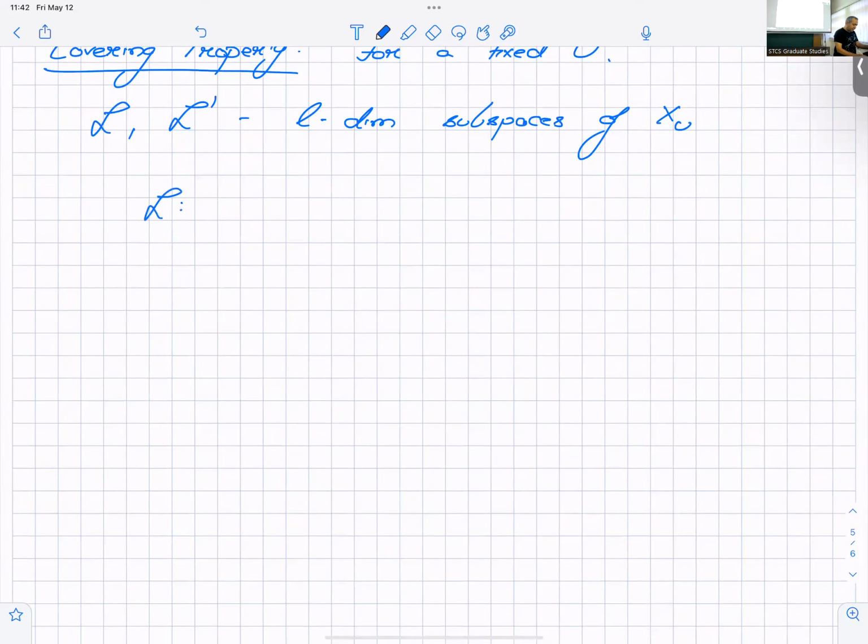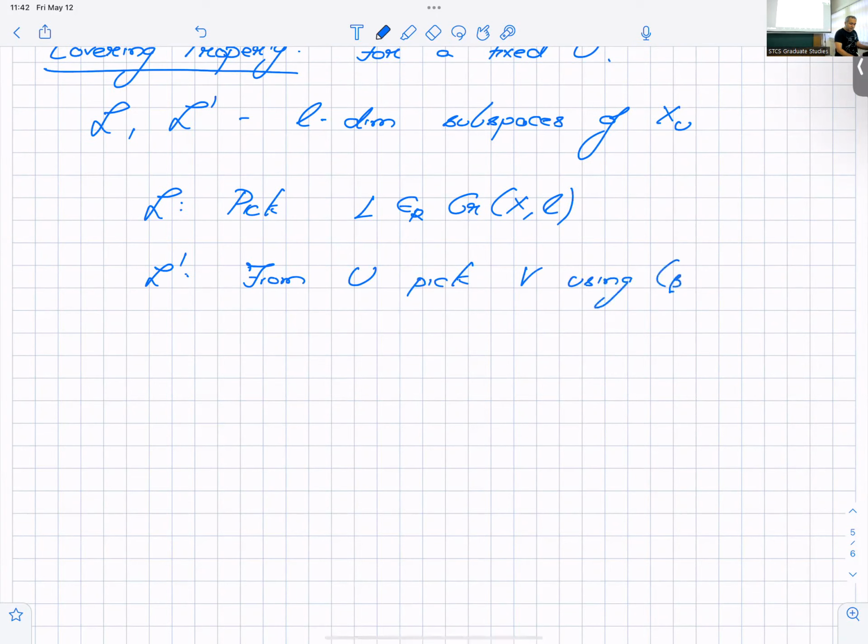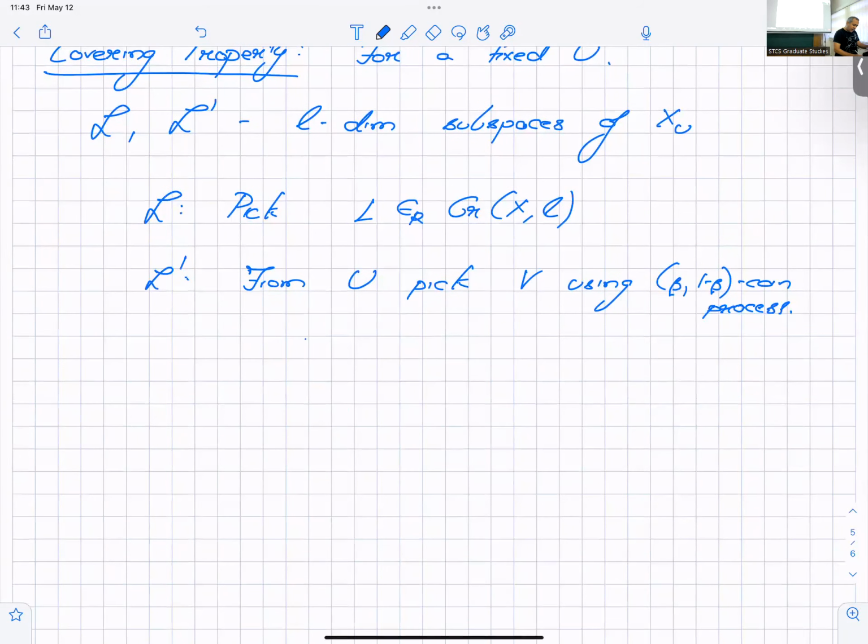L is picked at random from Grassmann X_U L. L prime is obtained as follows: from U, pick a V using the beta, 1 minus beta coin process, and pick an L prime at random from Grassmann X_V L. These are two different distributions.